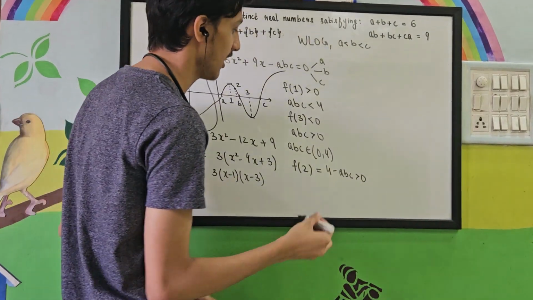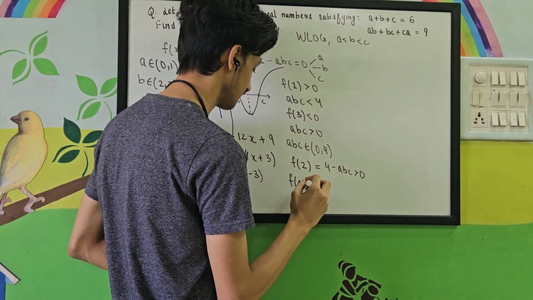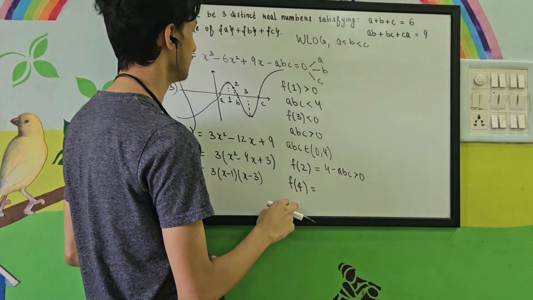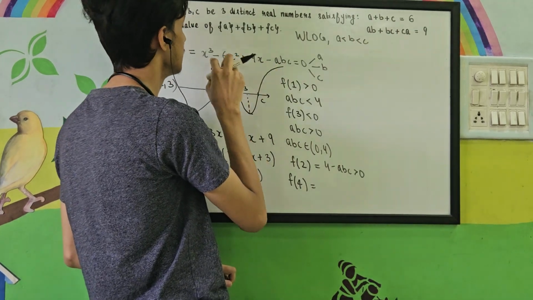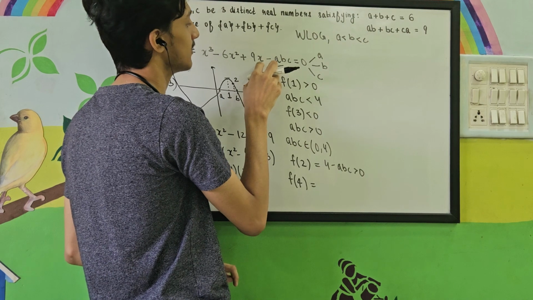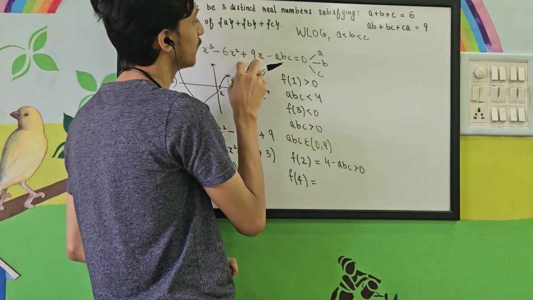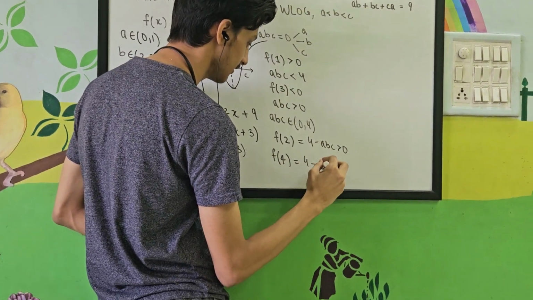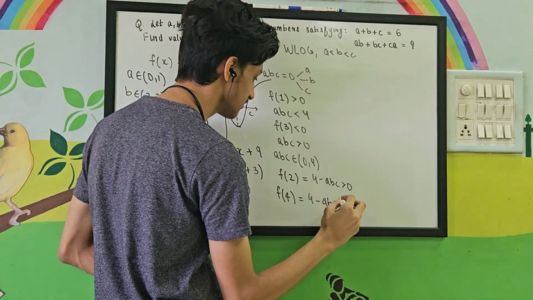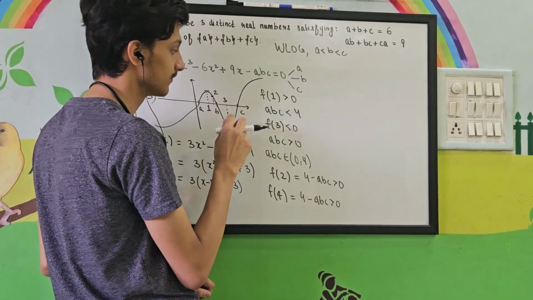Let us check what f of 4 will be. F of 4 will be equal to 4 cubed minus 6 times 4 square plus 9 into 4. 64 plus 36 is 100. 100 minus 6 into 16, 96. 100 minus 96, 4, 4 minus ABC. Which is again greater than 0. And we just saw over here from the minimum condition that f of 3 is lesser than 0.